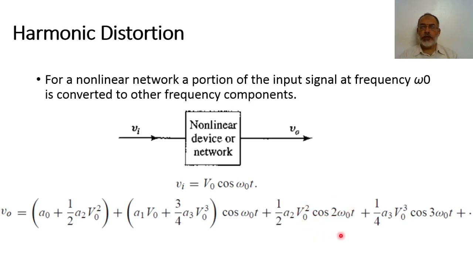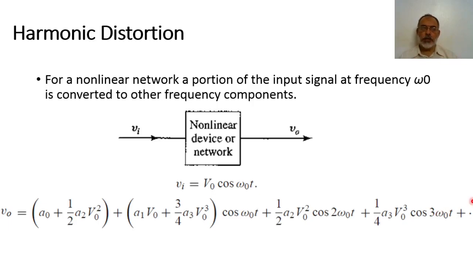This is effectively the second harmonic component, plus 1/4 A3 V0 cubed cosine 3 omega naught t, which is the third harmonic component. So effectively, the nonlinear device will generate a DC component, the second harmonic, the third harmonic, and so on.